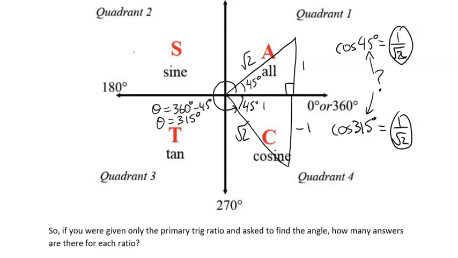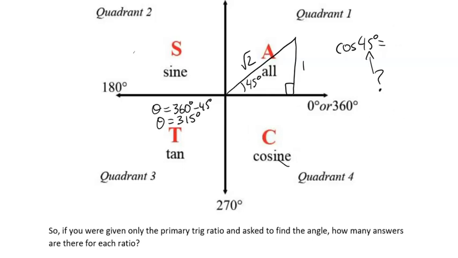So let's now consider the same initial 45-degree angle in a different quadrant and just see how this works out. Instead of cosine, what if I gave you sine of 45 degrees? If I give you sine of 45 degrees, well, we know that that is going to be the y value, or the opposite over the hypotenuse, so it's 1 over root 2.